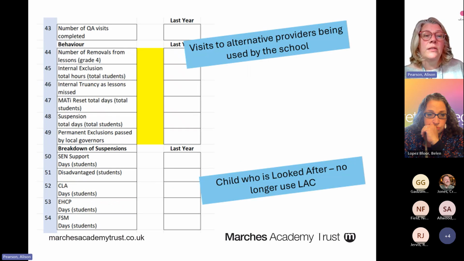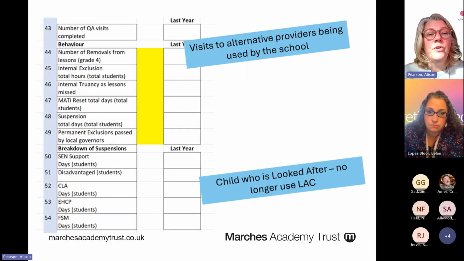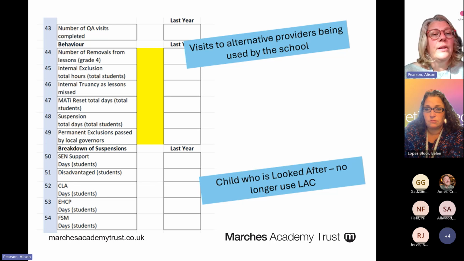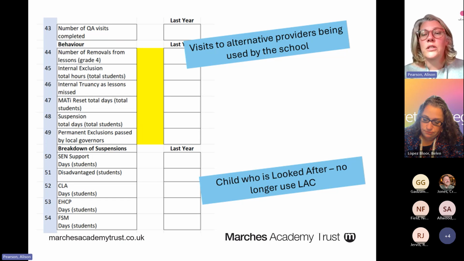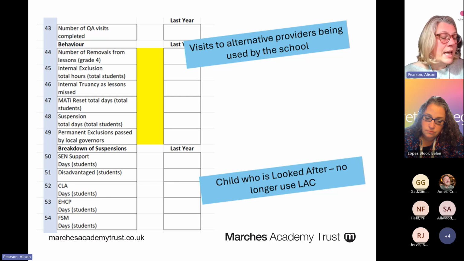And moving on there, you can see row 43, number of QA visits. We've got in there the quality assurance. That's a school's obligation. They cannot put a student out into alternative provision and that's that child managed then. It's the school's responsibility to check provision, to go check the child's happy, they're okay, they're turning up, they're attending, and that the education that they're getting is fit for purpose.